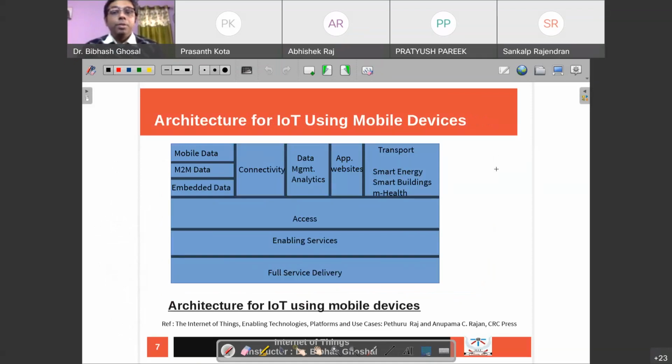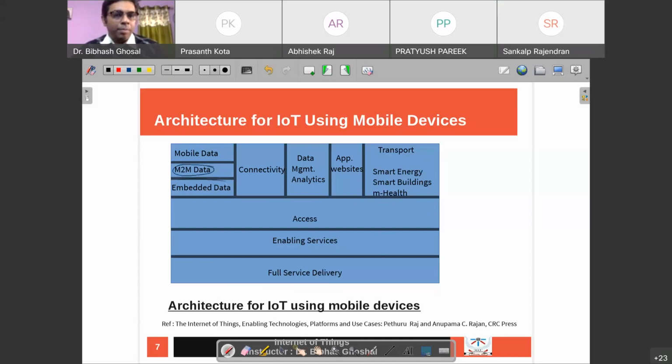So what is it if you are using mobile devices for IoT? This is the basic architecture. And what you see here is very, very similar to the usual IoT protocol stack. You have data which is collected from different sources.